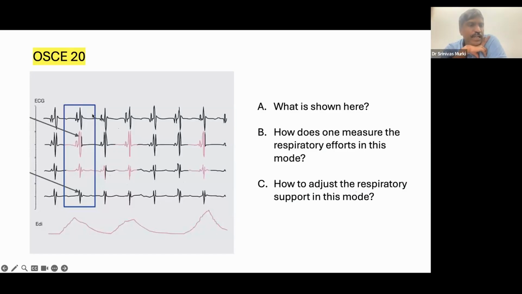So ED current or ED signal. You can see the downmost part. The top four are the ECGs. Then the esophageal, when you put the esophageal probes, it has multiple electrodes, and these 4 electrodes are picking up the ECG from the heart.